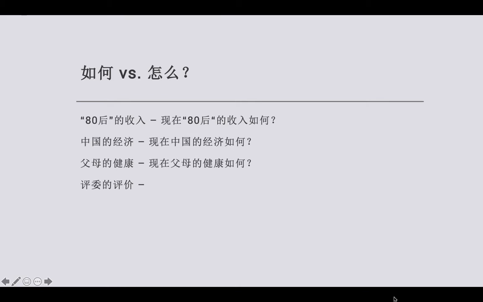Yes, 现在父母的健康如何? The next one, 评委的评价. 评委, we have learned it already, is the judges. 评价 is comments. So the comments of the judges.